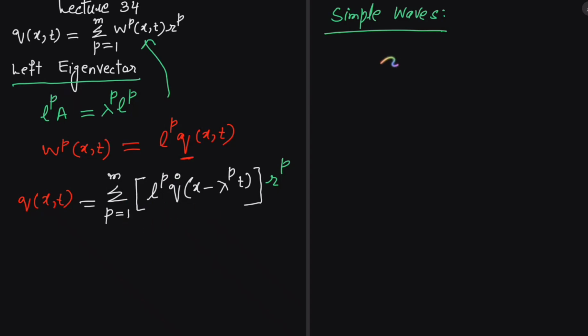The simple wave is that wave which has constant w. You see that w_1 is wave number 1. If it is constant, then that wave is called a simple wave. Very easy.